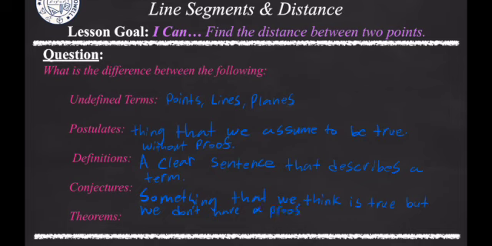Okay, so postulates are things that we assume to be true. A conjecture is something that we think is true but don't have a proof. Postulates we don't have to prove. These are our assumptions, our basic truths that we are not going to need to prove either.